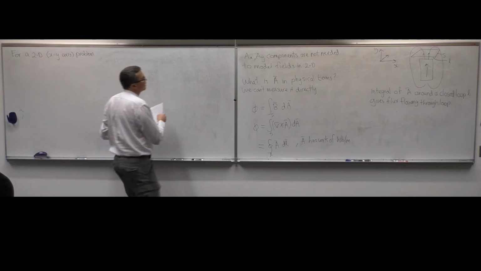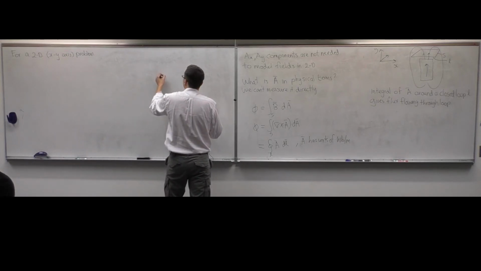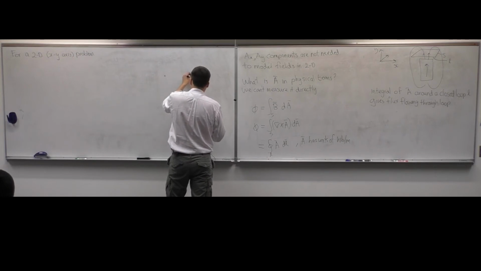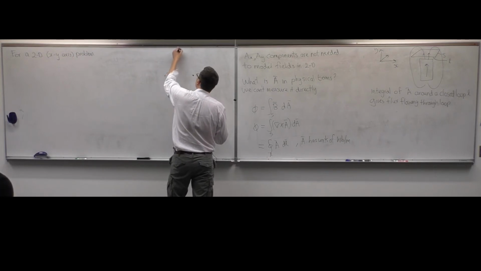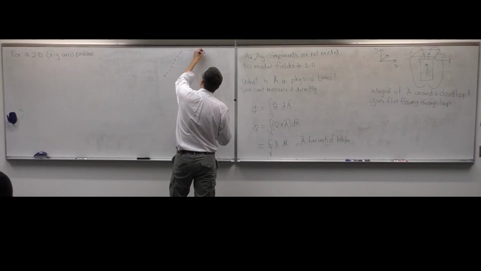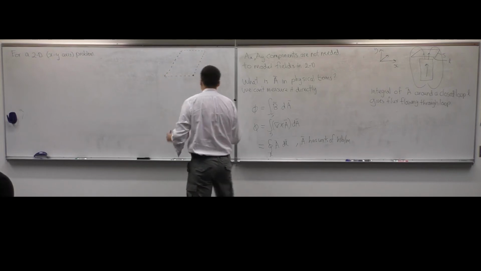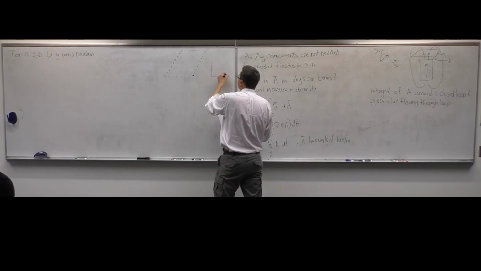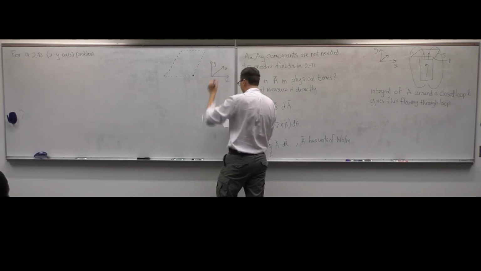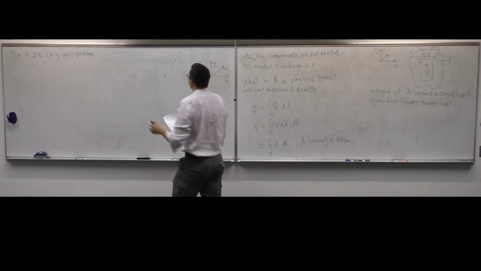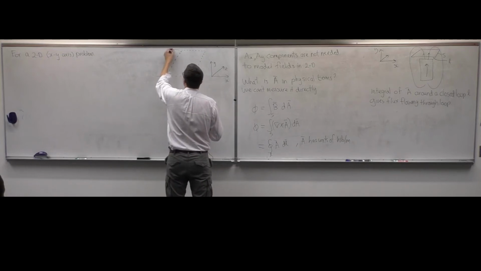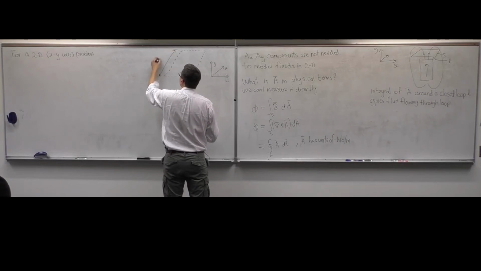Now if we redraw the loop a bit more clearly here, like this. So we have x, y, and z. And so this is D. This would be D into the page.